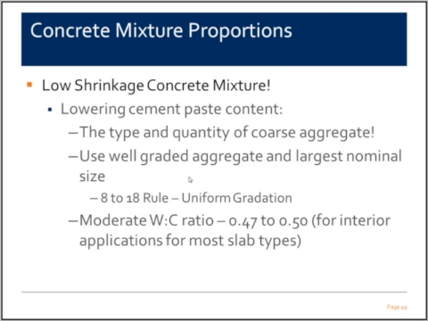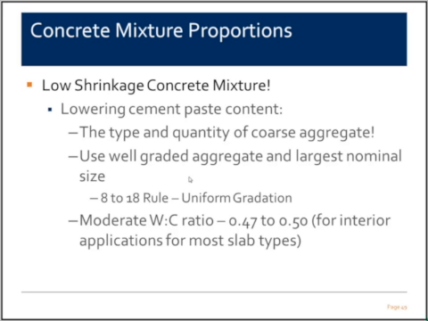One of the concepts that we use to lower the total paste content is using a well-graded aggregate. Using a well-graded aggregate makes the concrete consolidate easily. Therefore, we have to use less paste in the system to make the concrete consolidate well.